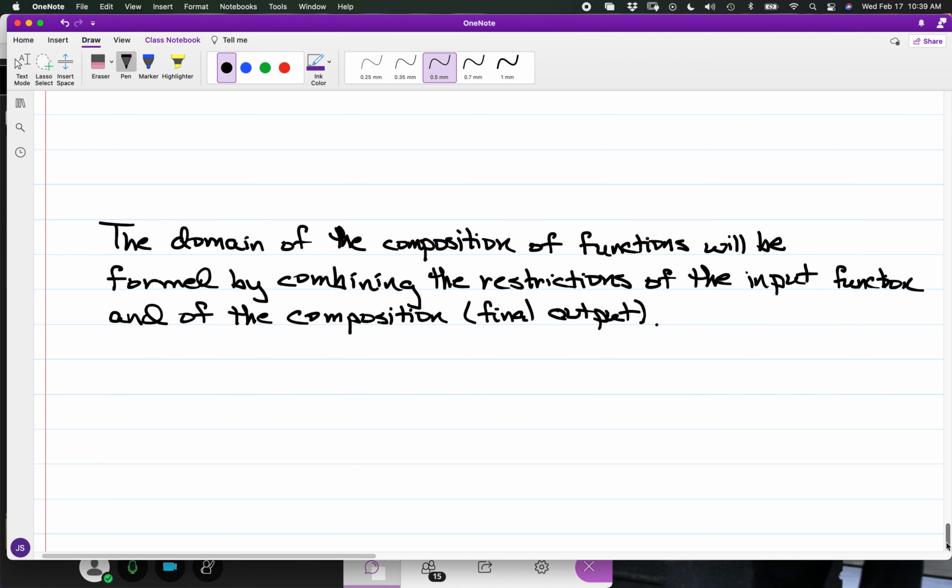And just a couple of samples here. If we're looking at, let's say, the composition where we have f composed with g of x and its domain.